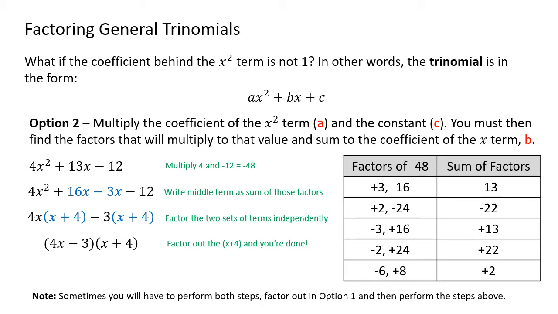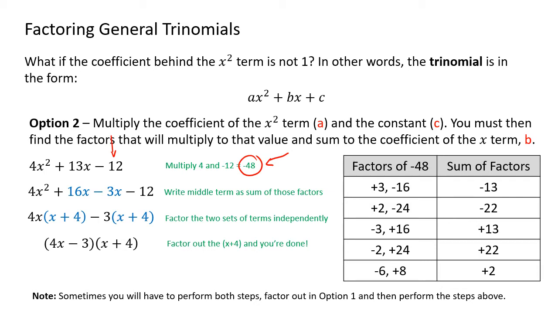So what you do in this case is you multiply the a, or the coefficient behind the x squared term, by the constant, which is c. And if you do that, you get minus 48. So now instead of finding the factors that multiply to negative 12, you're finding the factors that multiply to negative 48, and they have to, just like they did in the past, add up to the middle term, which is positive 13.